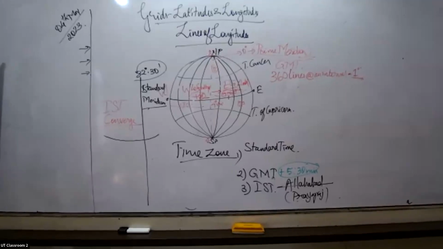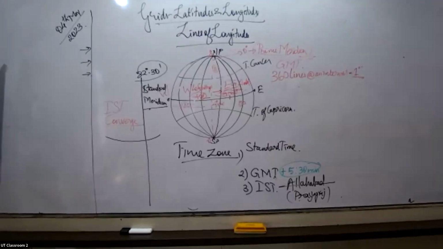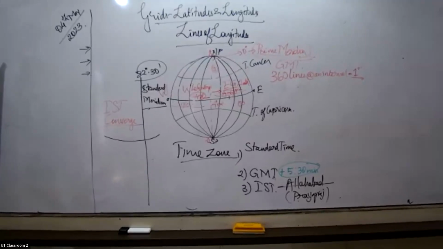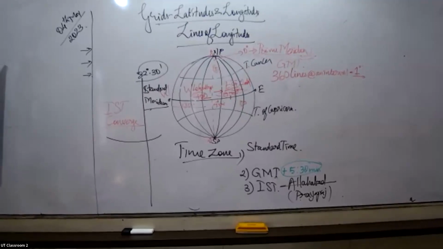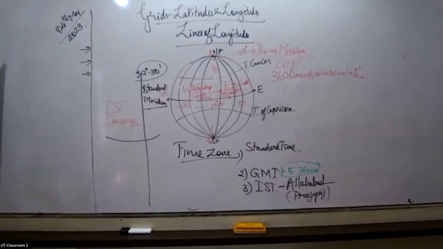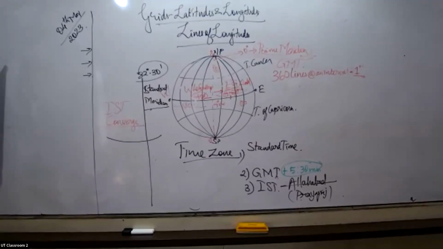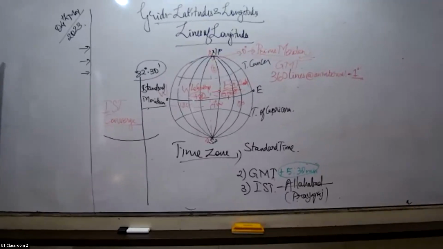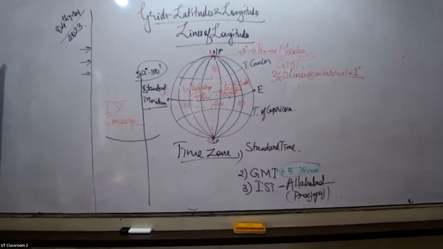Write IST first. Yes, sir. And you write located at Allahabad. Yes, and in brackets you write Prayagraj. And you write IST, Indians. Sorry. You write standard meridian of India is at how much degree? 82 degree. Write that also. Go ahead.